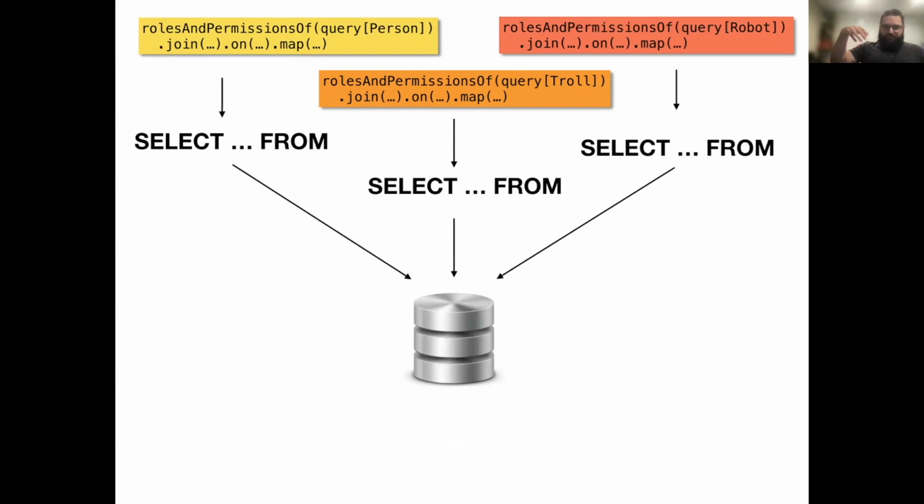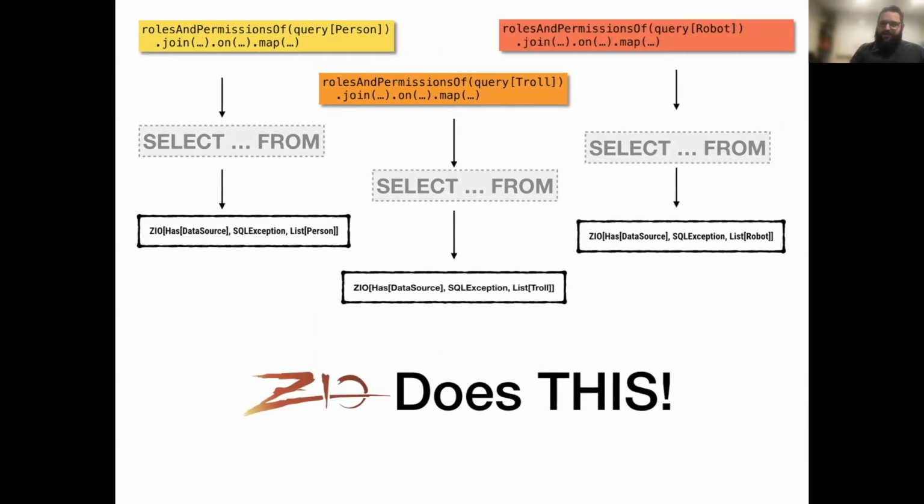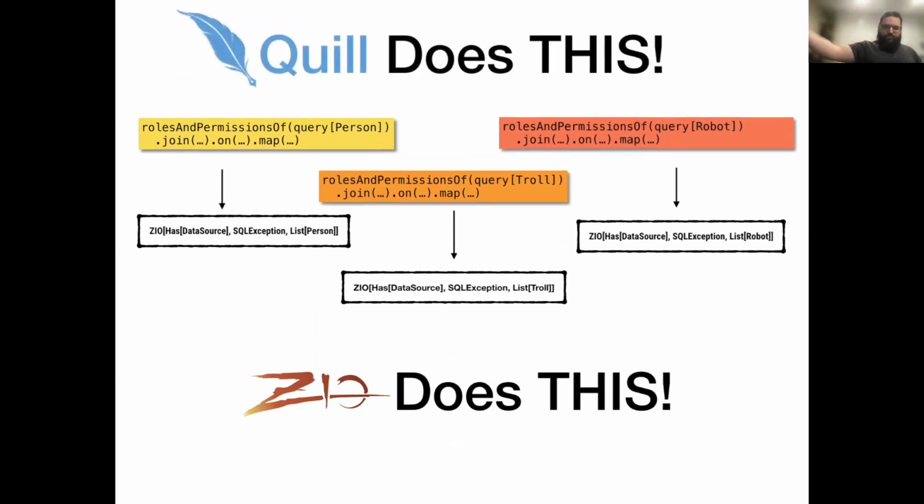Quill gives you your query composition, Zio gives you your effect composition. Quill does the query composition, Zio does the effect composition, and that's how you combine them. You compose your query, you do the .run, then you've got your Zio effect.